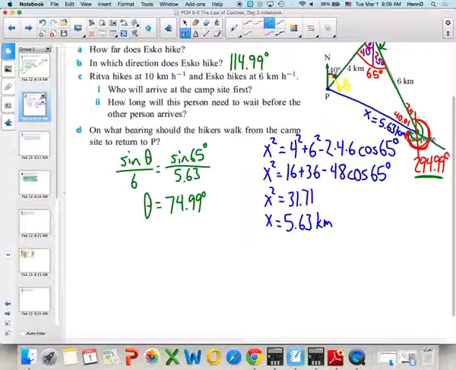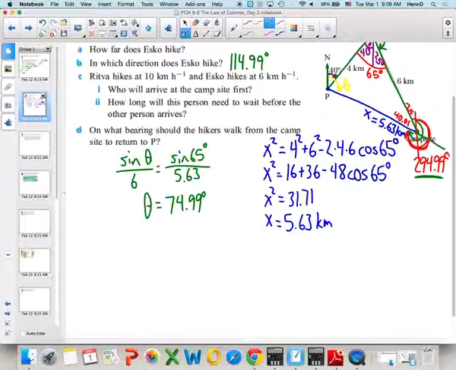Esko took the hard route, so he was traveling almost half the distance, but he was only able to go 6 kilometers per hour. So how long does it take Ritva to go the full 10 kilometers?